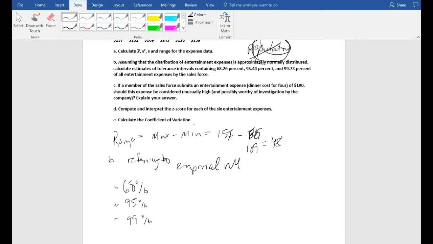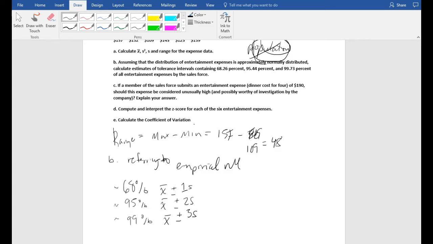This is going to be x bar plus or minus 1 standard deviation. This is going to be x bar plus or minus 2 standard deviations, and then this is going to be x bar plus or minus 3 standard deviations. That was from our empirical rule. So this is all we're having to calculate.